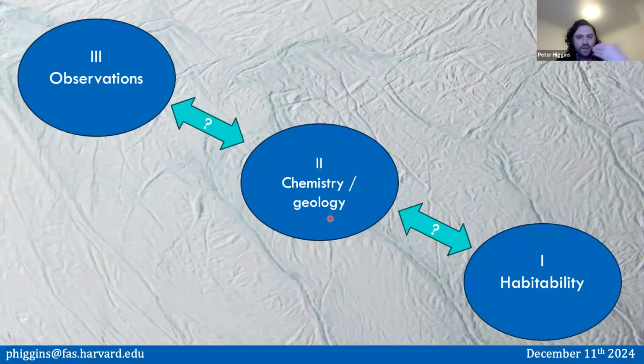And then after that, we'll do a very quick overview of the observational suites on spacecraft that have been or are in transit to icy moons in the outer solar system and try and tease out how those observations work back down this flowchart to give us inferences about habitability.